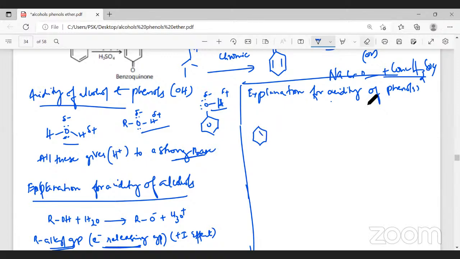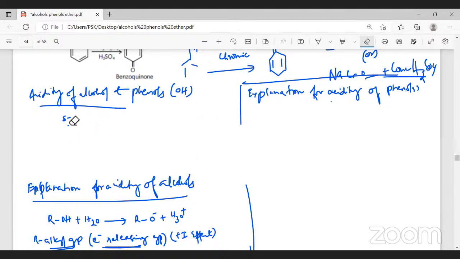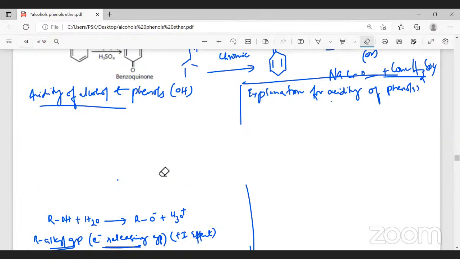I'll draw a little bigger. I'll erase this part and write, because we require a long explanation. I have to teach you resonance structures for phenols. Sometimes they can ask you the resonance structures for phenols also. So I want some bigger place, so I'll erase this and explain.